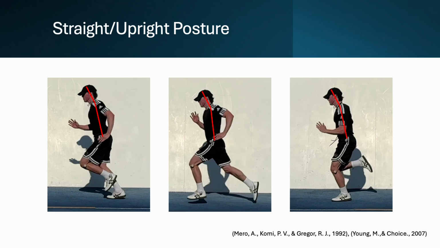And unfortunately, we can't see that here, because the line through the trunk, like the line through the spine, and the line through the head and neck aren't quite aligned. However, it can be seen that the trunk is eliciting a slight forward lean, which is a result of the pelvis exhibiting a slight posterior tilt, which is what we're after, according to Young and Choice, 2007.